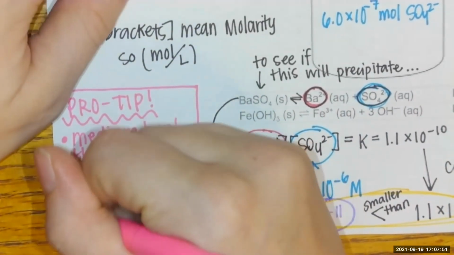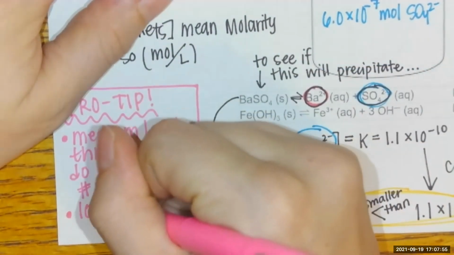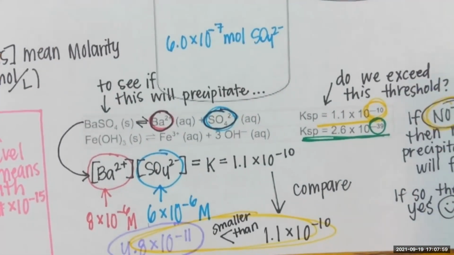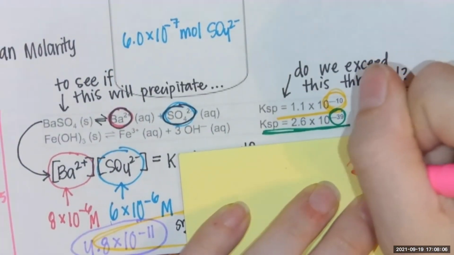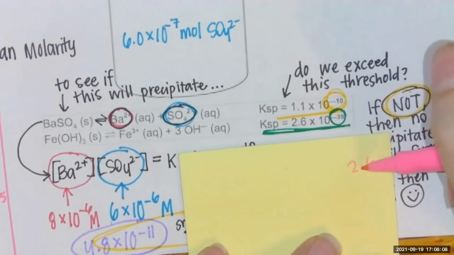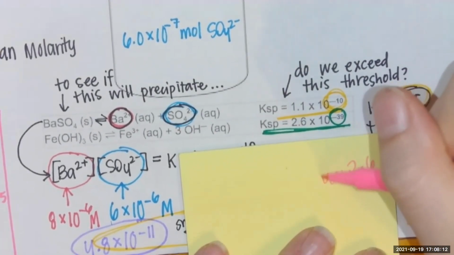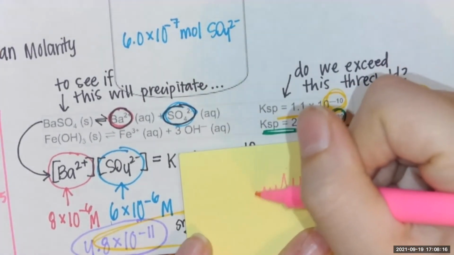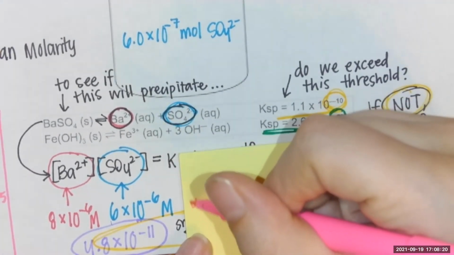But if you have a very low, teeny weeny level threshold, like 10 to the negative 39, really? Do you know what that number is? Can I write it for you? 2.6 times 10 to the negative 39. 1, 2, 3, 4, 5, 6, 7, 8, 9, 10, 11, 12, 13, 14, 15, 16, 17, 18, 19, 20, 21, 22, 23, 24, 25, 26.